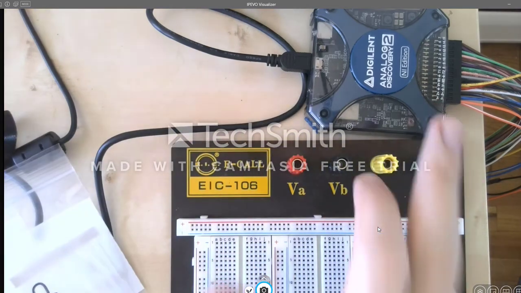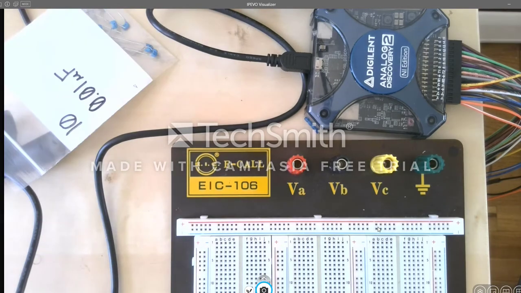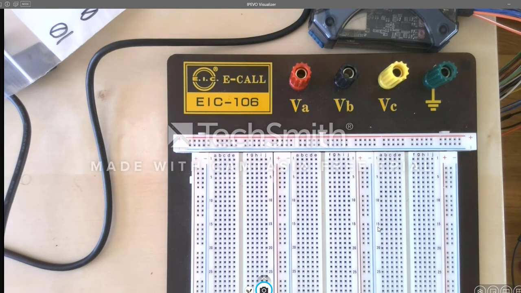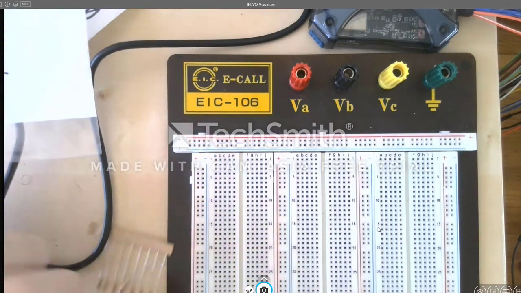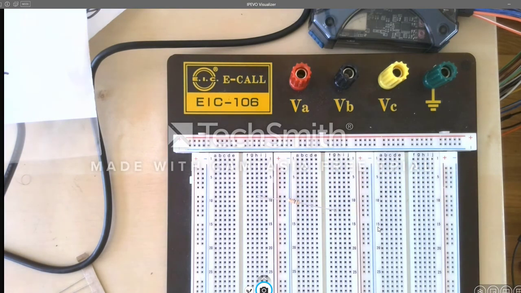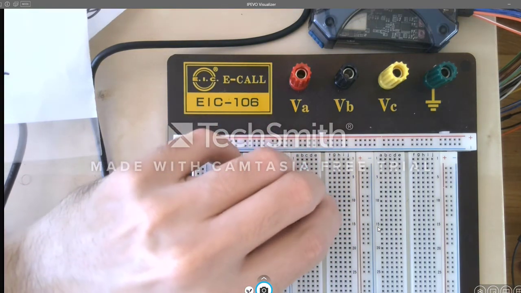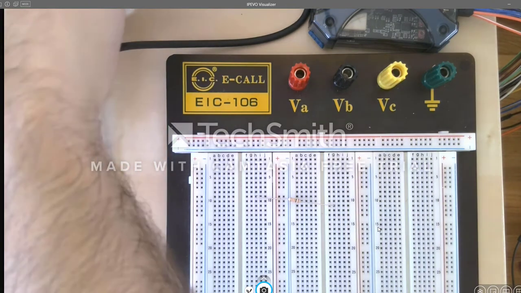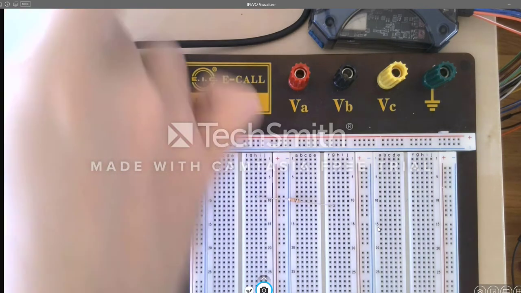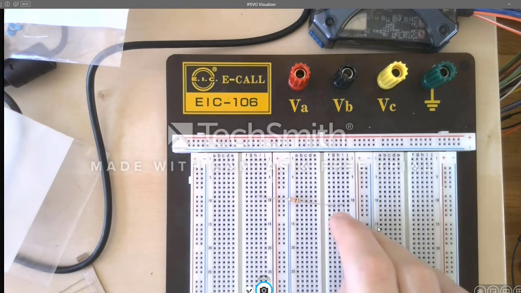As usual, we have our analog discovery device and our breadboard. Let's construct the circuit. Here's our resistor, and the capacitor.